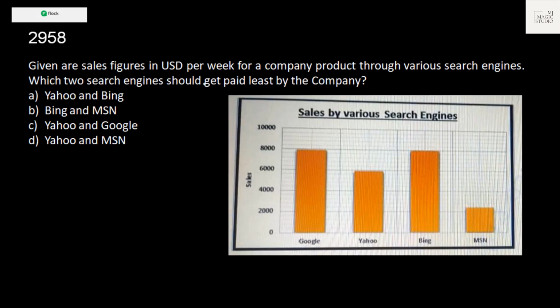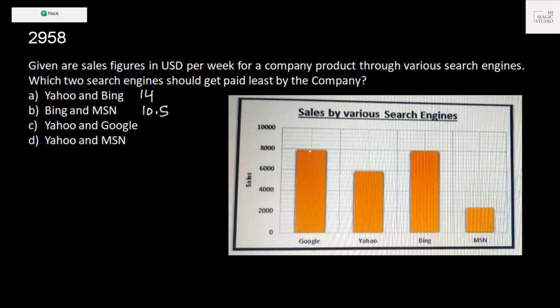The same graph is given. Which two search engines should get paid least by the company? Yahoo and Bing is like 6,000 and 8,000. Bing and MSN, 8 and MSN is like 2.5, 10.5.